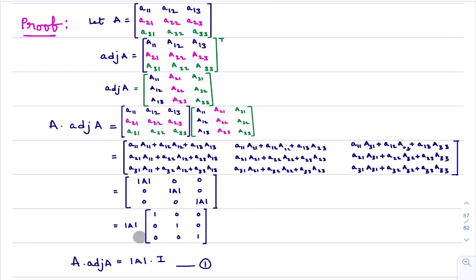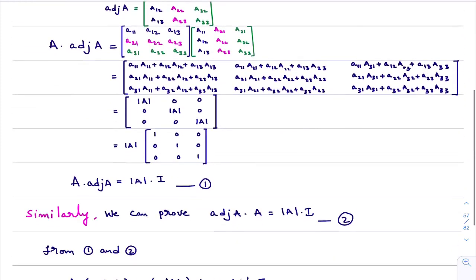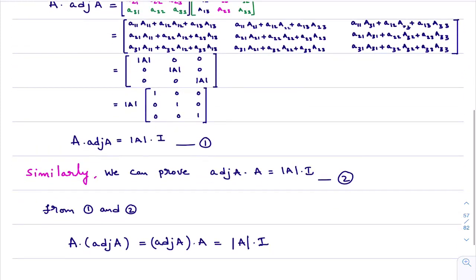What is this? You got det A into the identity matrix. What happened? I considered matrix A, I calculated adjoint A, and I multiplied A into adjoint A, and I got det A into I. So what is this theorem statement? The theorem statement is A into adjoint A equals det A into I. So I proved that A into adjoint A is det A into I.